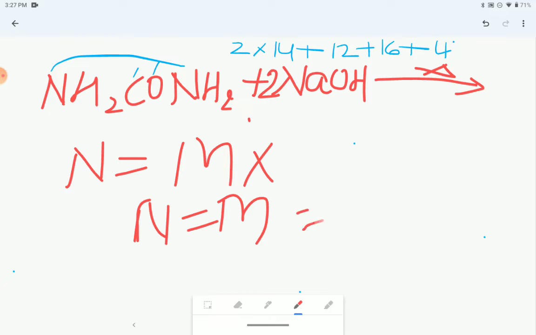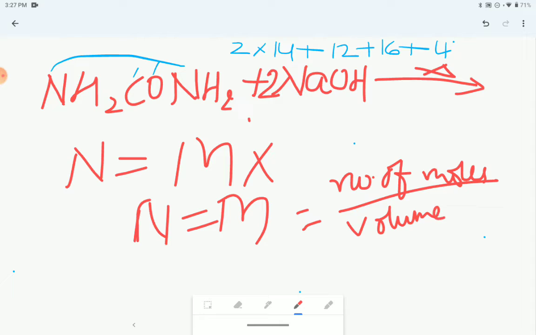Now the molarity formula everybody knows, right? Number of moles by volume in liters. The number of moles is given mass by molar mass.